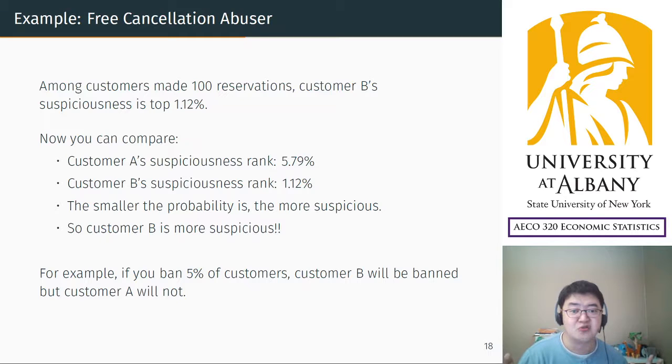That's the conclusion. If you plan to ban 5% of innocent customers, customer B will be banned because he is within the top 5%, but customer A is not banned. He is not within the top 5%.